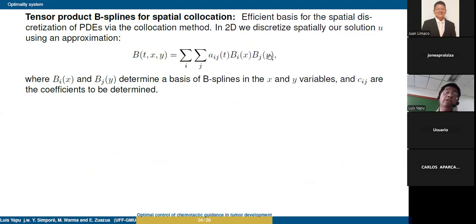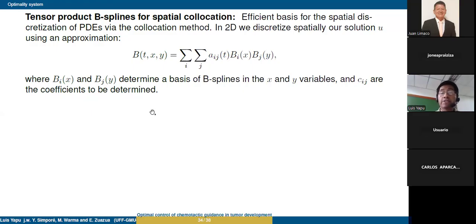This allows us to represent a solution as a combination of some basic functions, splines in X, splines in Y. The product will give us a tensorial spline in XY. And a solution could be a combination with some coefficients. So the objective now will be to find the coefficients.